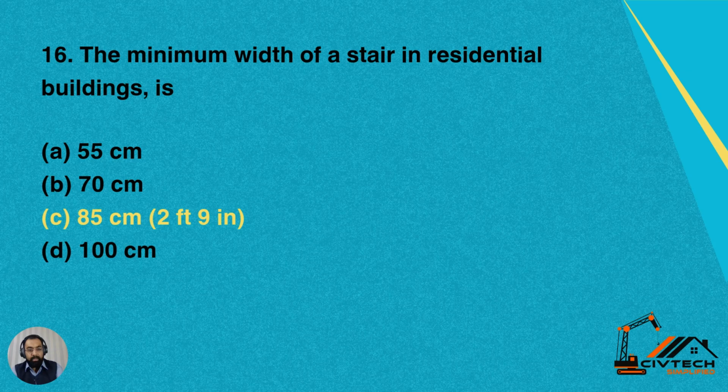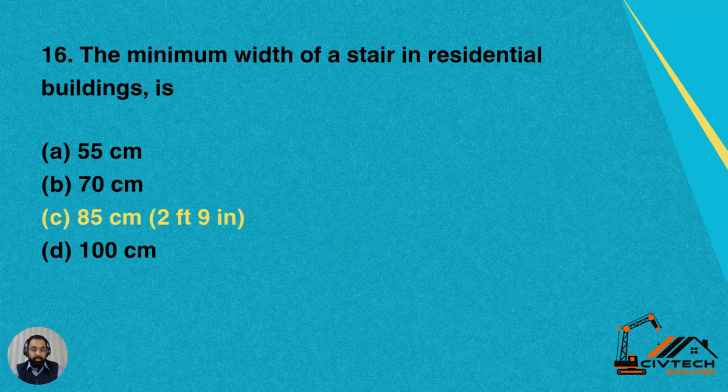Question number 16: the minimum width of a stair in a residential building. In a residential building, the width of stair normally we provide is 4 feet, but yes, minimum, if you have space constraints, then you can provide up to 2 feet 9 inches.